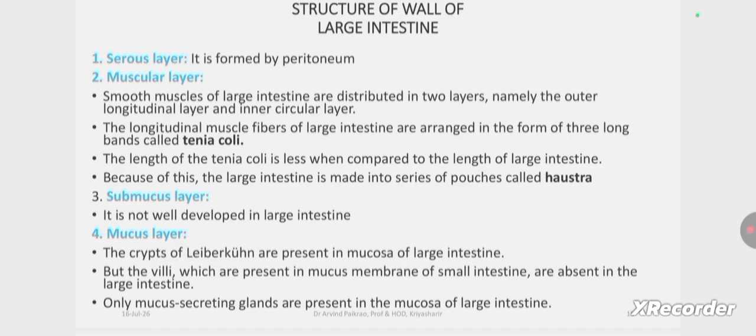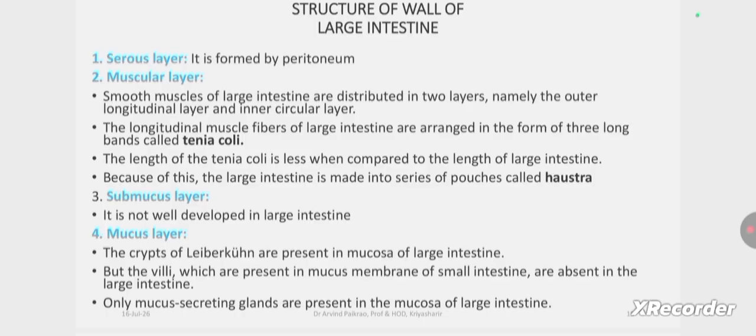The length of the taenia coli is smaller than the total length of the large intestine, and because of that, the large intestine falls into a series of pouches. We can see small bag-like pouches, and these pouches are known as haustra.